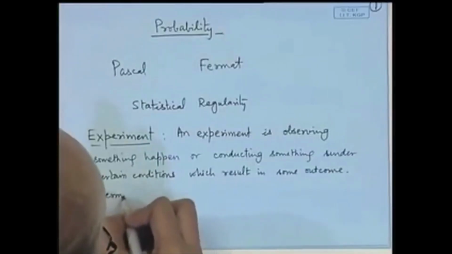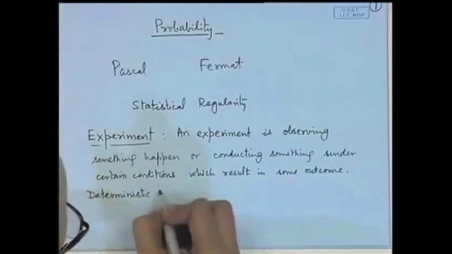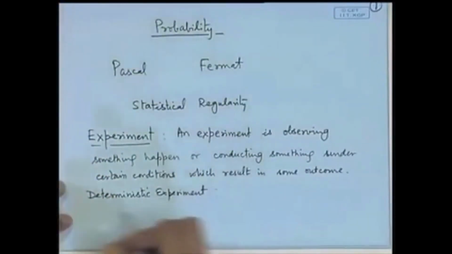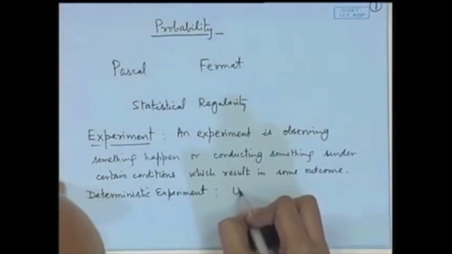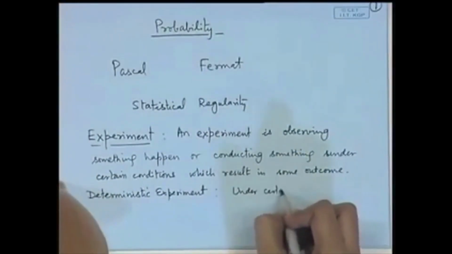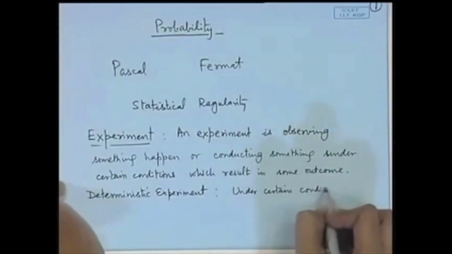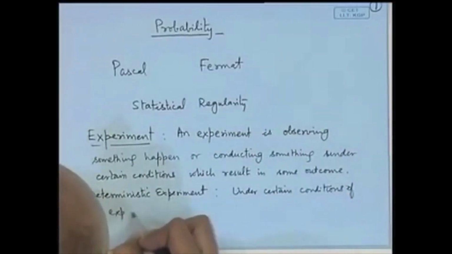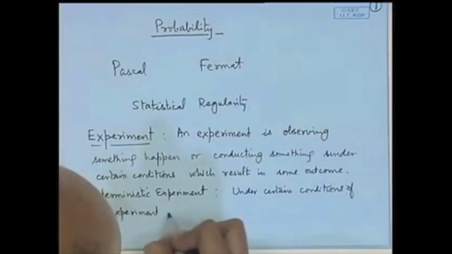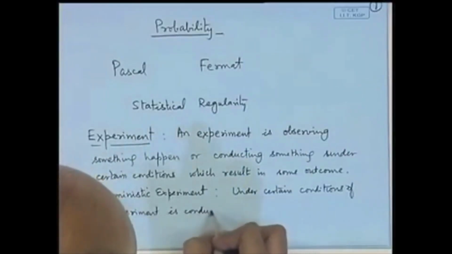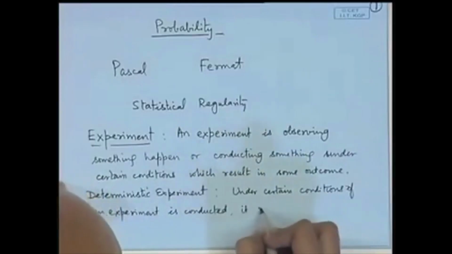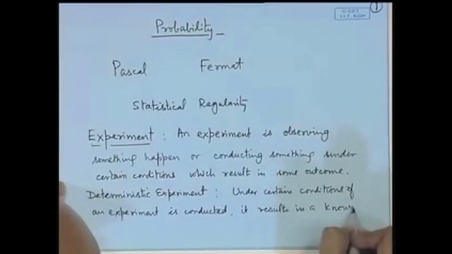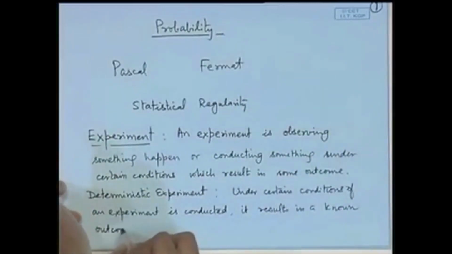One is deterministic experiment. In the deterministic experiments, under certain conditions, if an experiment is conducted, it results in a known outcome.